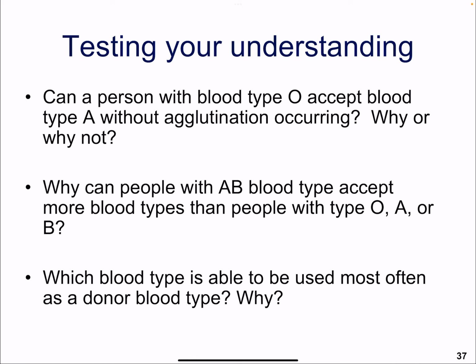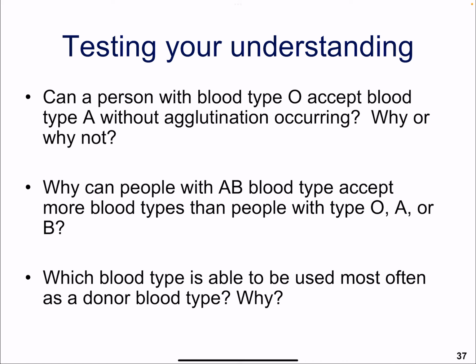Second question, why can people with AB blood type accept more blood types than people with type O, A, or B? That's the second question. The third question is which blood type is able to be used most often as a donor blood type? Why?